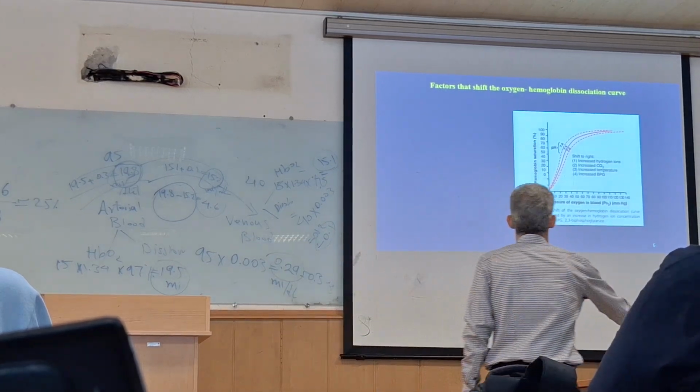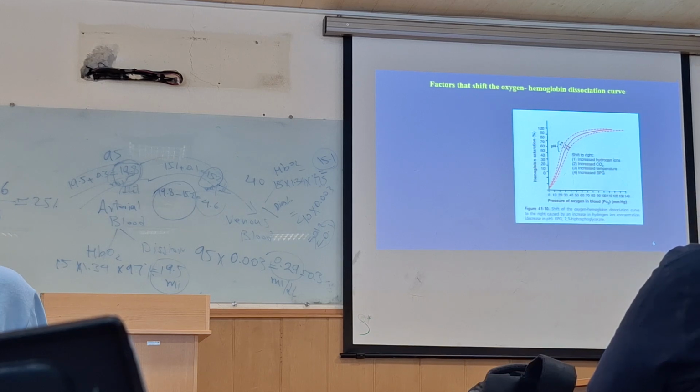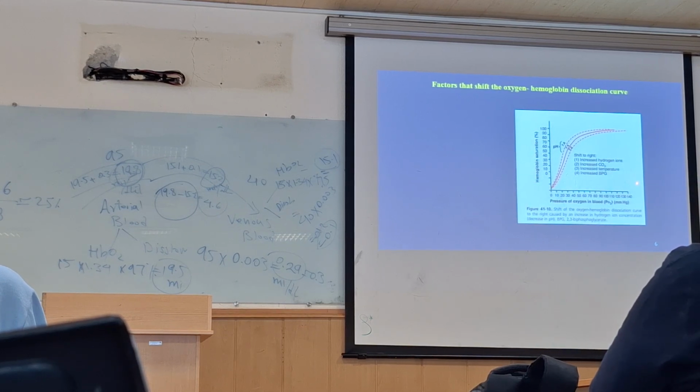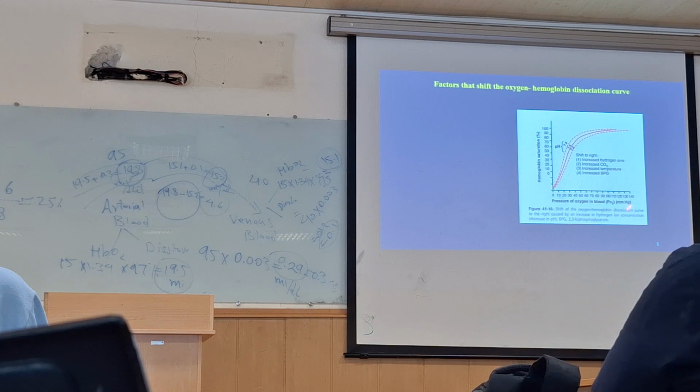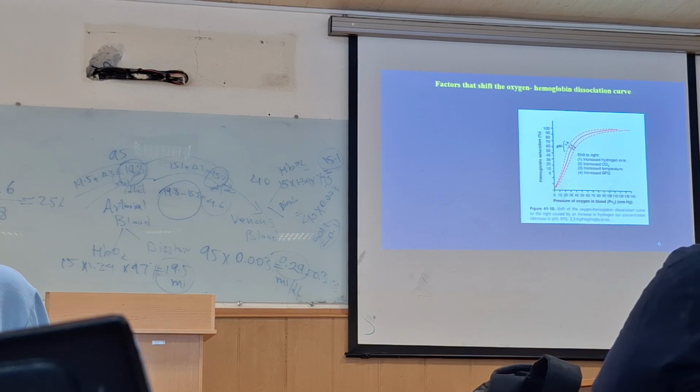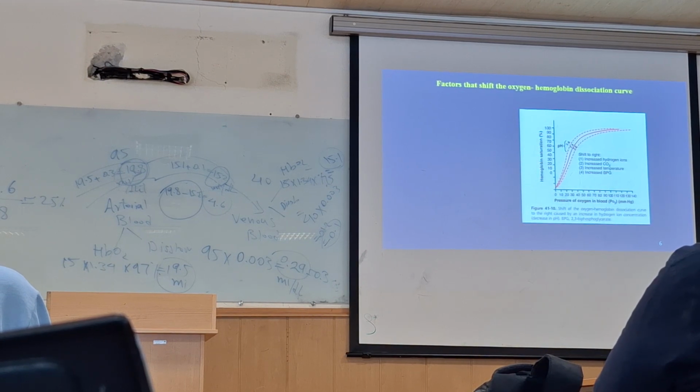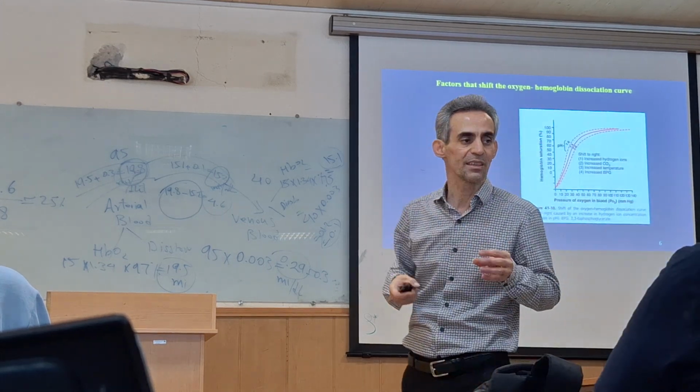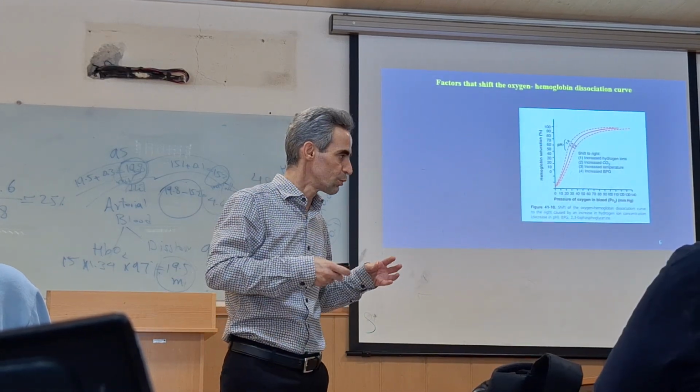Okay, so we can see that different factors affect the affinity of hemoglobin for oxygen. For example, the amount of carbon dioxide can determine the affinity of hemoglobin to oxygen.